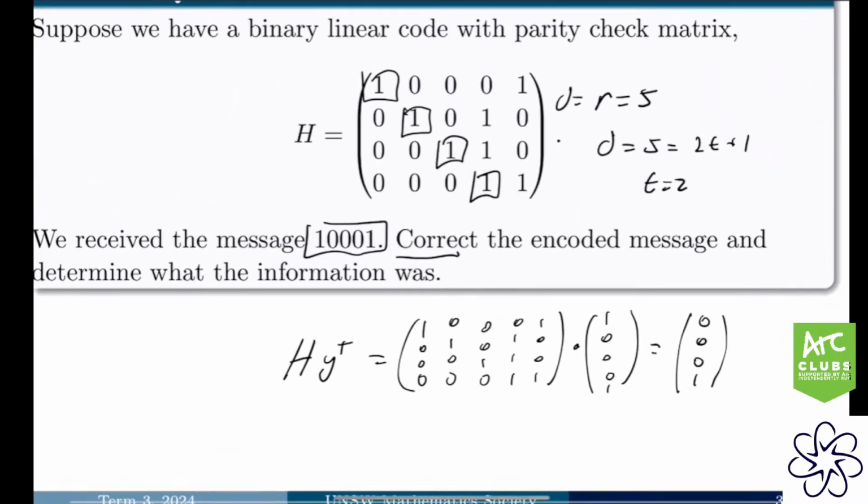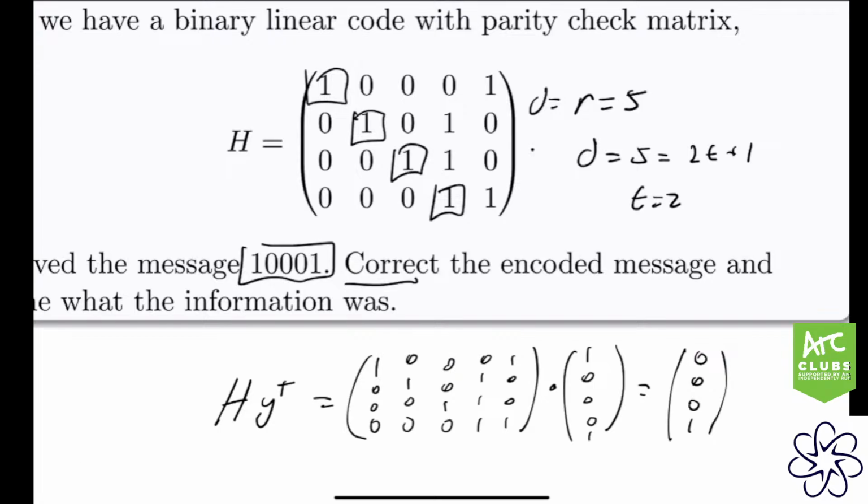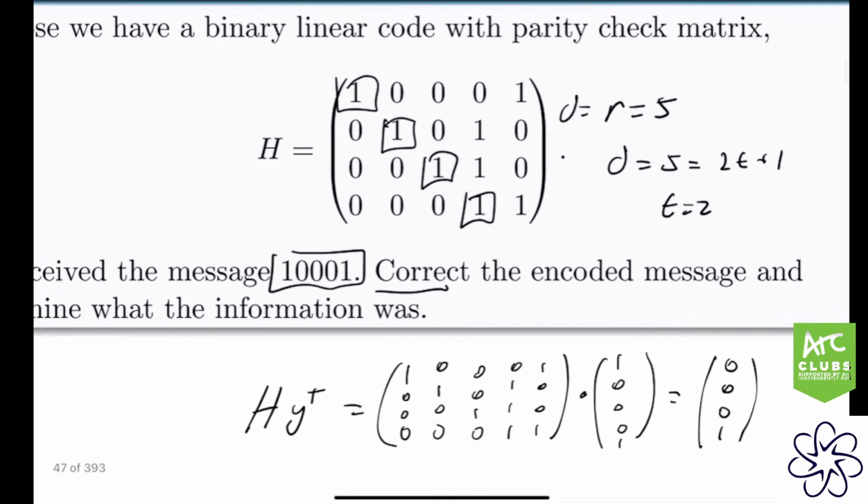And unfortunately, you can see that this isn't going to be equal to any of the columns in our parity check matrix, right? Unlike the binary Hamming code. But we know we can actually correct 2 errors here, unlike the binary Hamming code, which can only correct 1 error.